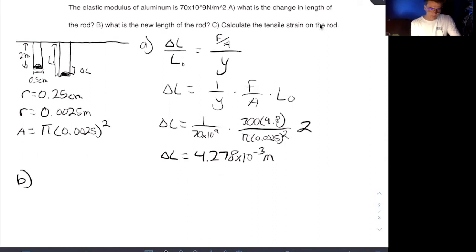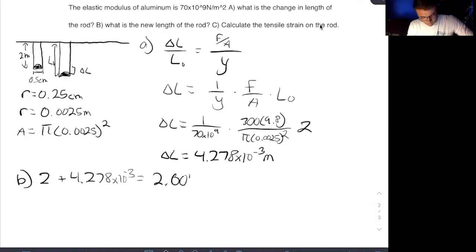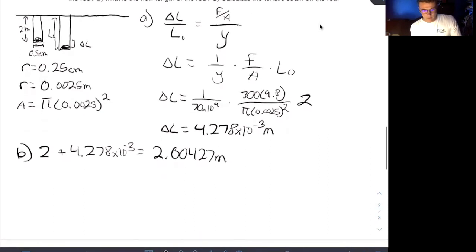How do we find this new length? Well, it's pretty simple: we just add the change in length to the initial length. So the initial length is 2 meters plus 4.278 times 10 to the -3, and that'll give us 2.00427 meters.